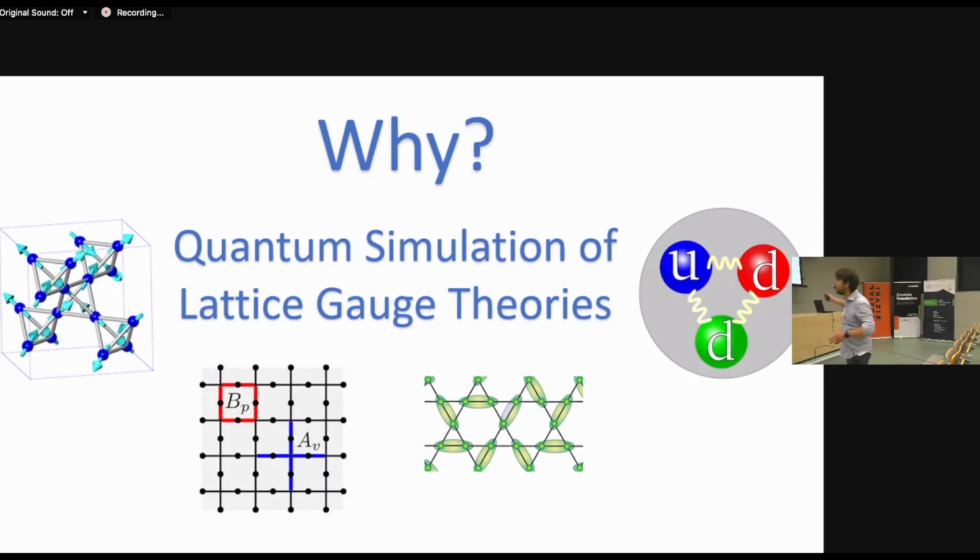Of course, they originate from high energy physics, quantum chromodynamics, but they also find a lot of application in condensed matter, in the low energy sector for spin ice, frustrated spin systems, or also topological spin models like the toric code, which are of course extremely relevant in the context of quantum error correction, quantum computing. So lattice gauge theories are interesting, but they are also very hard to solve in general. Classical computers have problems in simulating this, and this is the reason why we would like to have quantum simulators of lattice gauge theories.